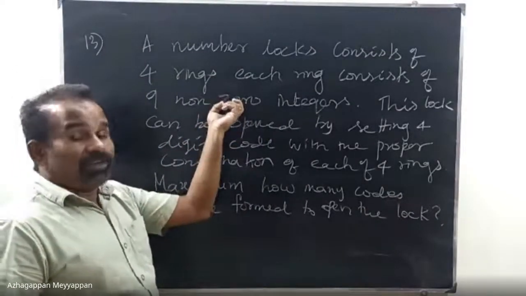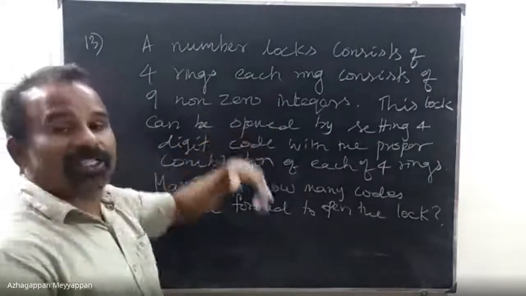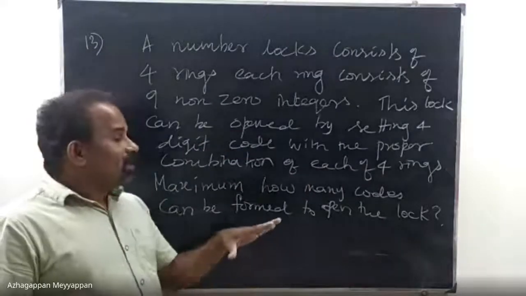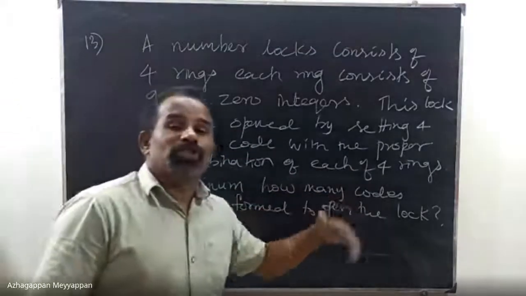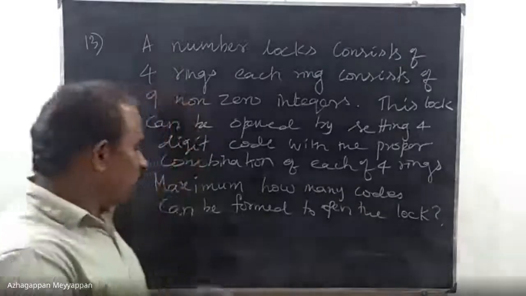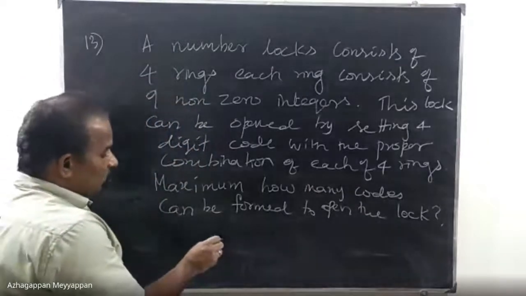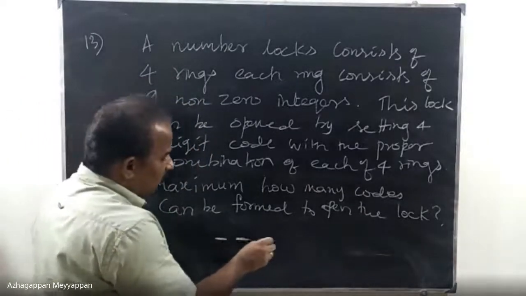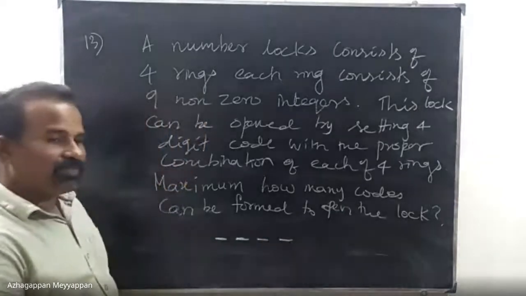Suppose we have a lock with 4 rings. What are the combinations we have to check? There are 4 rings, so we have to set a code with 4 digits.